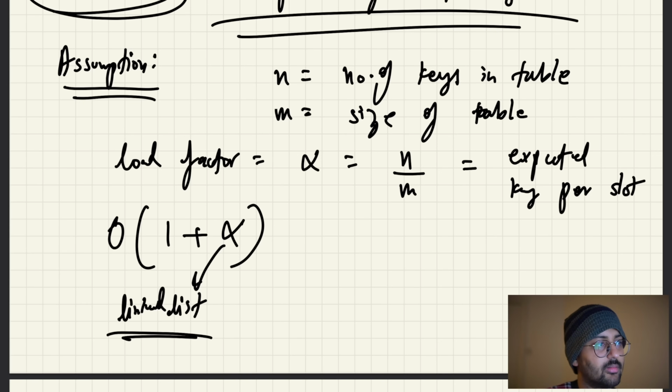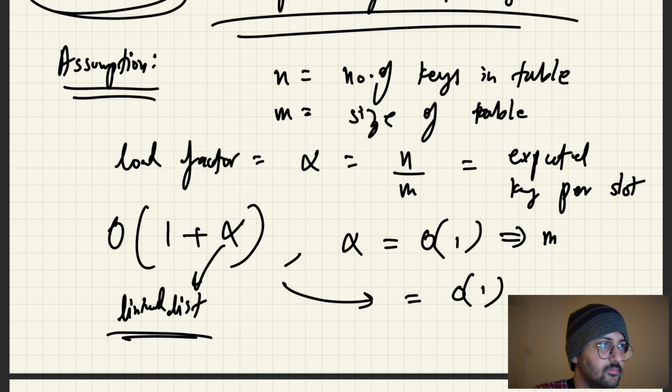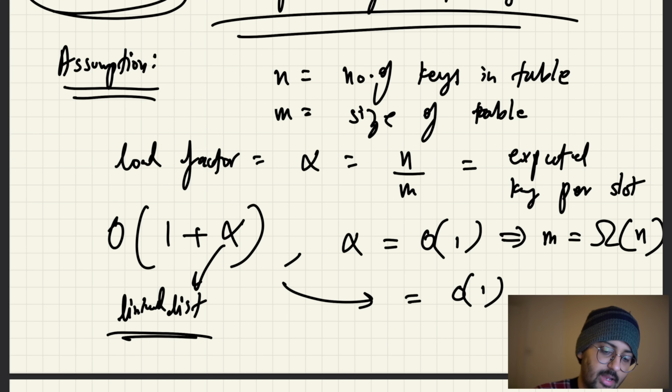I will prove it a little bit more, okay, don't worry. And if alpha itself is equal to O of 1, means constant time, then this also comes out to be constant time. And this happens when the size of the table is equal to big omega of n. If you don't know what big omega means, check out the time complexity lecture.